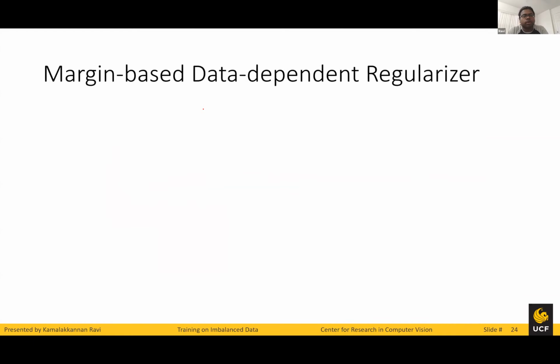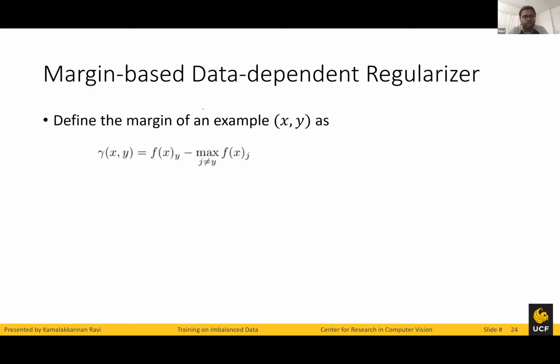Moving on, now that we know we are going to work on the margin-based regularization, let's recap the margin-based data-dependent regularizer. First, what is a margin? When we talk about the margin of a sample, it's usually the distance between the prediction of that particular sample and the decision boundary.